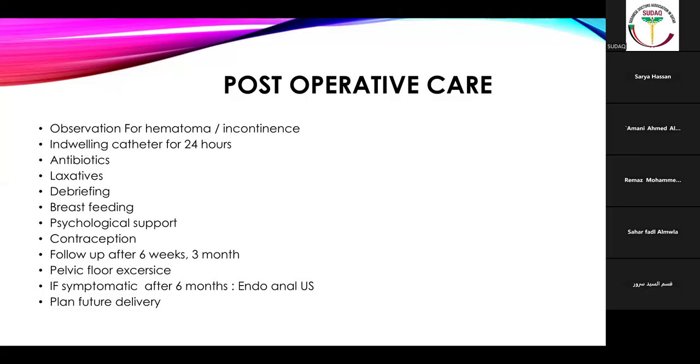The best people to repair are the gynecologists because we are seeing it most, rather than bringing a colorectal surgeon to repair the 3rd and 4th degree perineal tear. Of course Dr. Khalid is with us, but what we have here is that we are more exposed to this and we know the sphincters and the vagina more than the colorectal surgeons. Okay, unless there is a big defect, then you can call them.